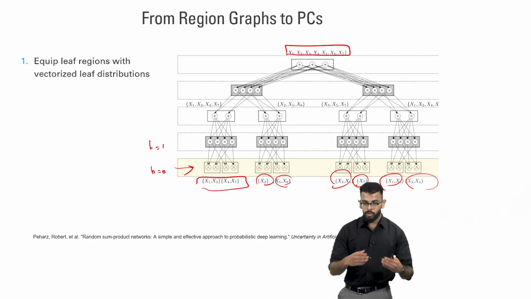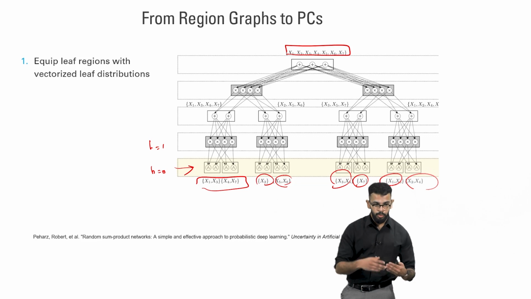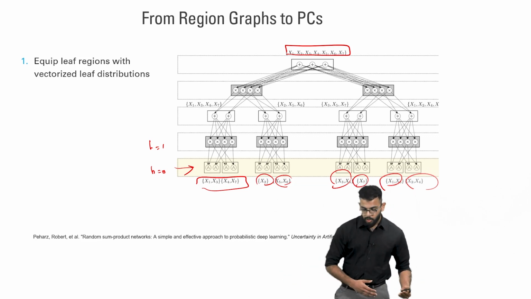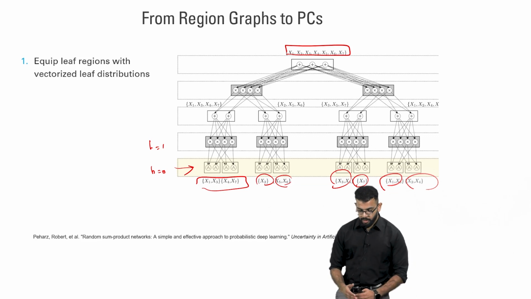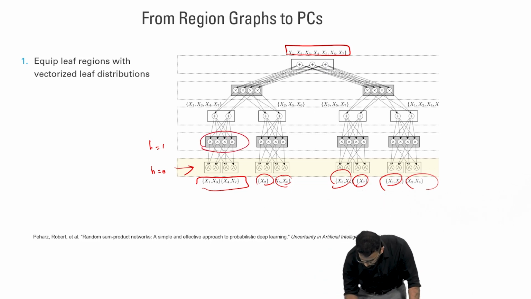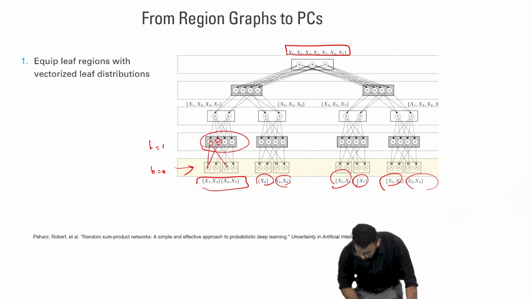What do partition nodes do? They split the variables into two disjoint subsets, and that is very similar to what a product node does, right? So to convert the region graph into a PC at a partition node level, you equip the partition node with product nodes. So this was your partition node. Now you equip it with product nodes that compute a product of the distributions at the leaf level, right?